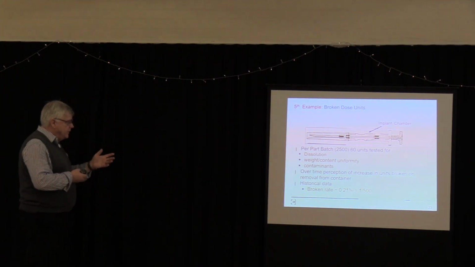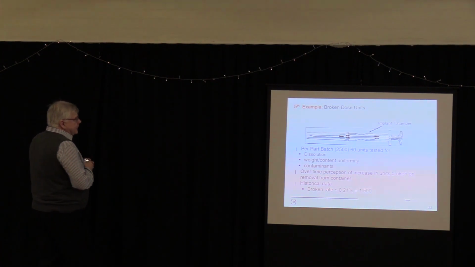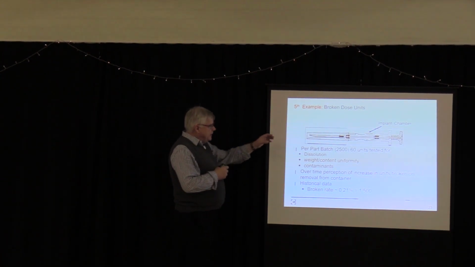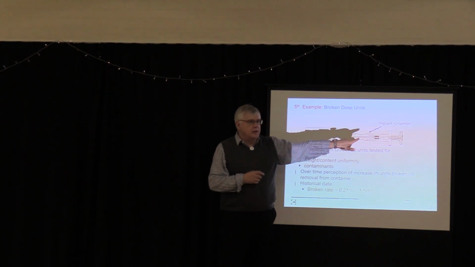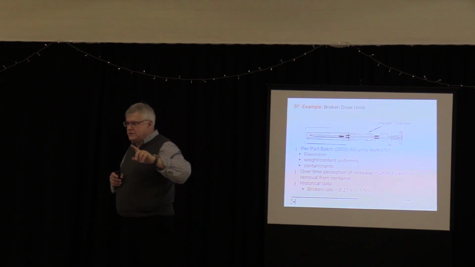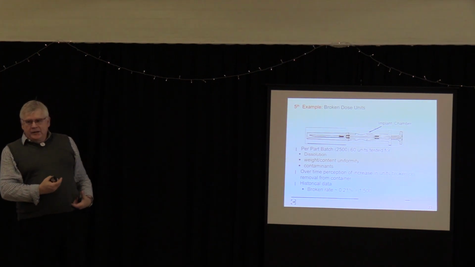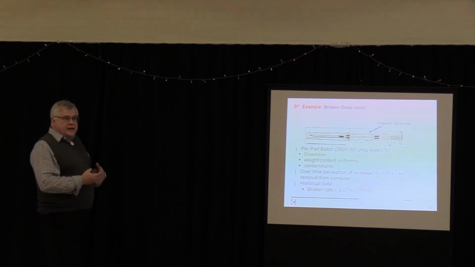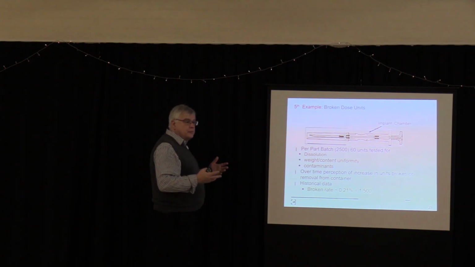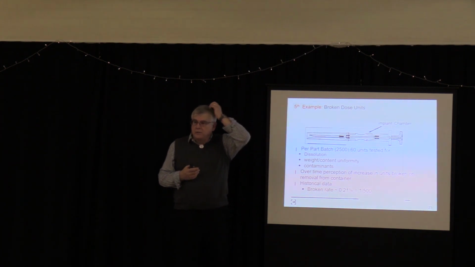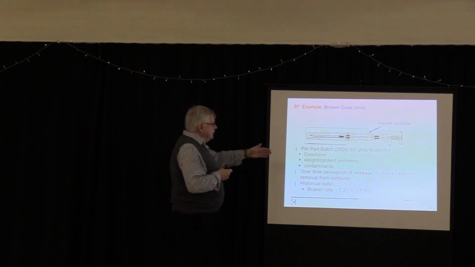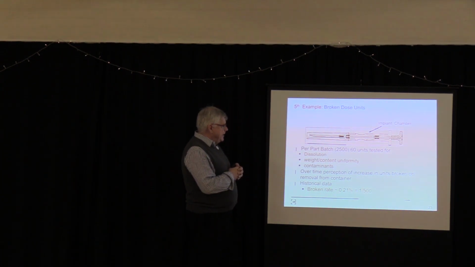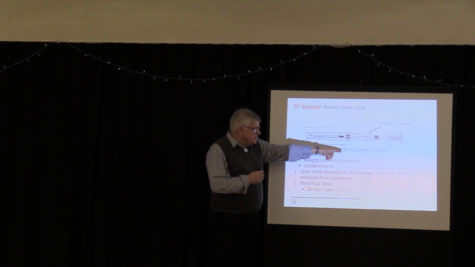So here's another one. Broken dose units. This is a syringe which was filled with an implant. This is for the treatment of prostate cancer, and it's injected into the stomach, and it dissolves at a constant rate, this particular one, over a month. These were manufactured in part batches of 2,500. They would take 60 of these out.